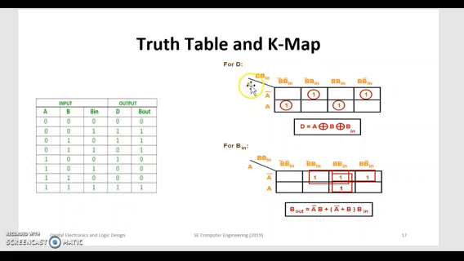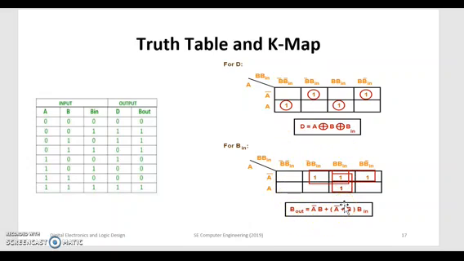I have taken 3 inputs A, B, B in, 4 possible combinations here and 2 possible combinations there. In the particular cells I have placed the ones, and if you join all these terms and minimize the equation, you will get the simplified form for the difference, which is equal to A XOR B XOR B in. For B out, again we have to design this table.